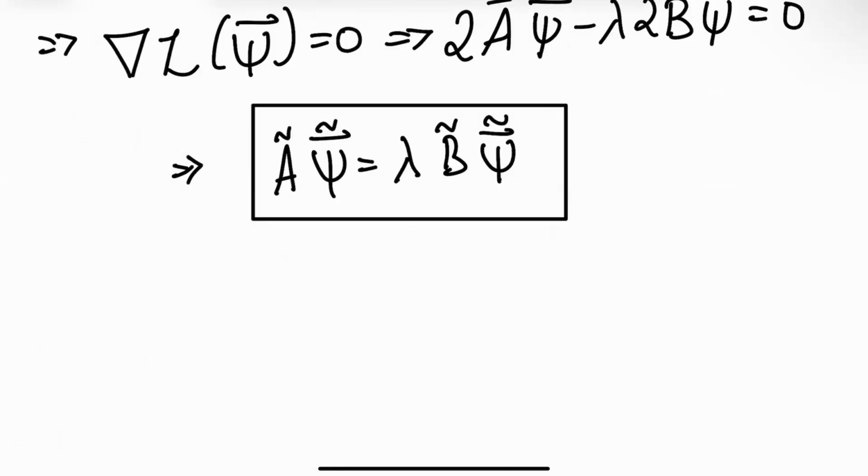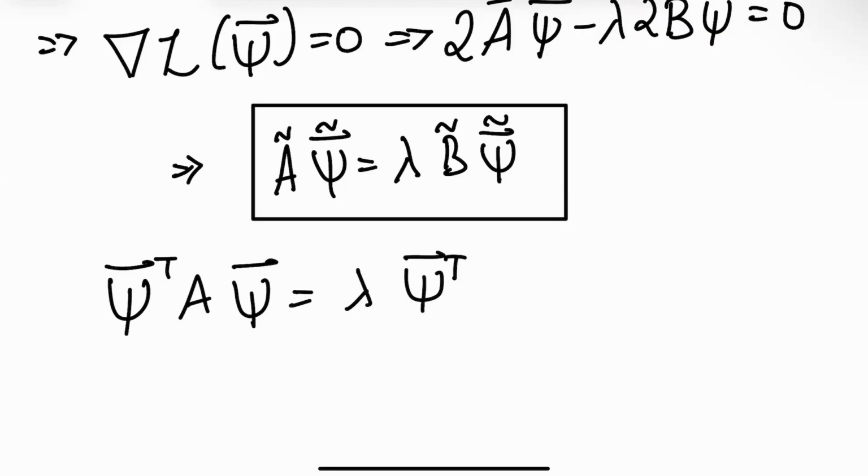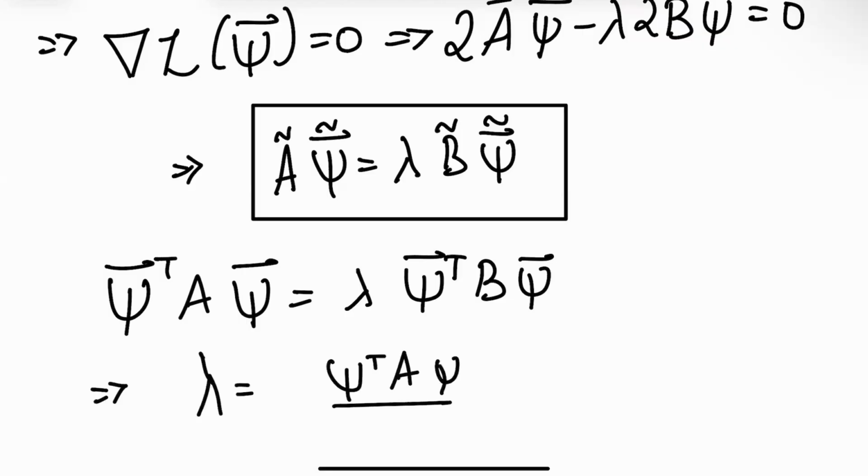You can actually very easily show that that's nothing but kc squared, because I can just multiply on both sides with psi transpose. This also becomes psi transpose B psi, which means lambda is psi transpose A psi over psi transpose B psi.